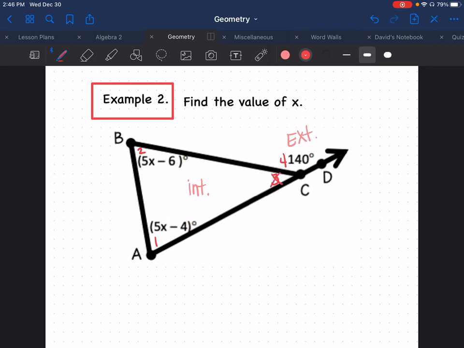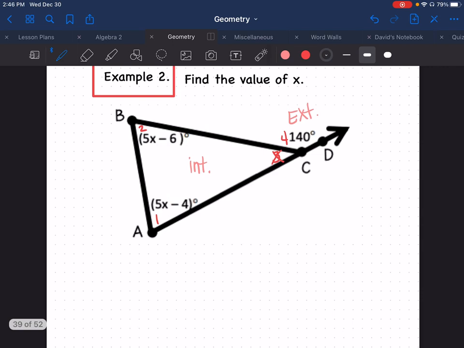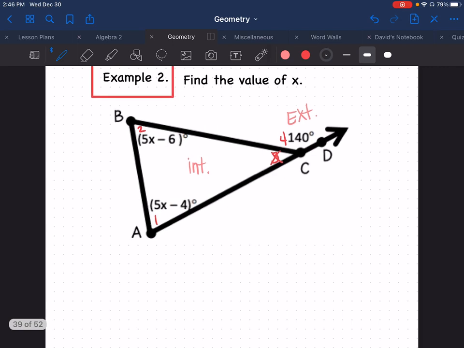Remember, we cancel out the 3. We're not going to use it. The theorem says angle 1 plus angle 2 equals angle 4. That's what the theorem says. Angle 1 plus angle 2 equals angle 4. The two insides added together equals the outside.